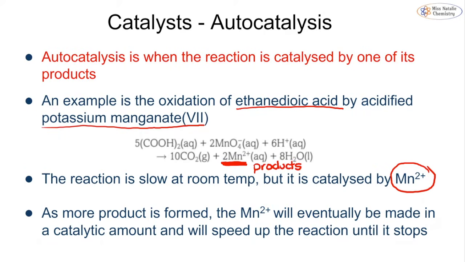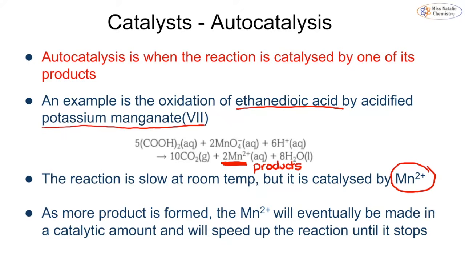As we then form more product, we are forming more of the manganese, and the manganese then starts to act as a catalyst, and it will be made in an amount that is enough for it to react as a catalyst, and it will speed up the reaction until all of the reactants are used up and the reaction stops. So autocatalysis is the reaction being catalyzed by something it is making.